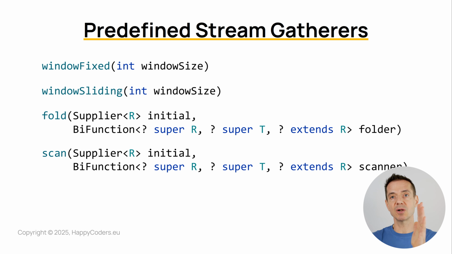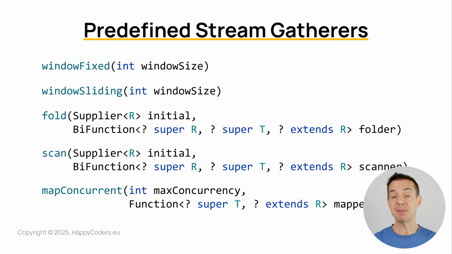It's similar to fold, but here not only the final element is pushed downstream, but also all the intermediate results. And mapConcurrent executes a mapping operation concurrently using the specified number of virtual threads. With this, you can also map elements in parallel, even within a sequential stream.